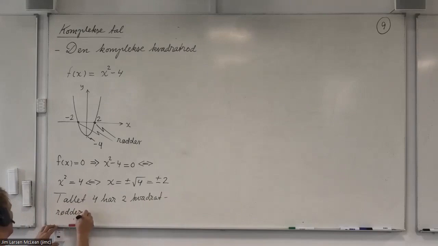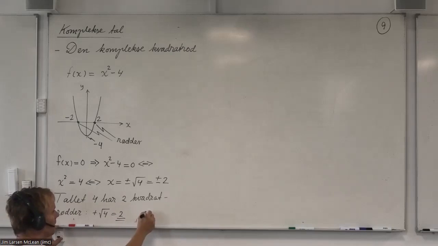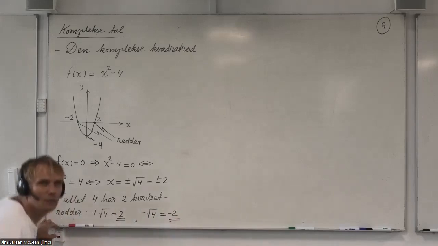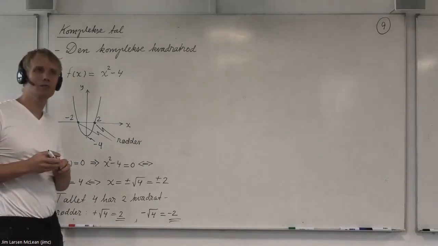The two square roots are plus the square root of 4, which is 2, the one square root of 4. And the other square root of 4 is the one called the negative square root of 4. That gives -2. So there are exactly two real numbers with the property that if you square them, you get 4. And these two numbers are called the two square roots of 4.